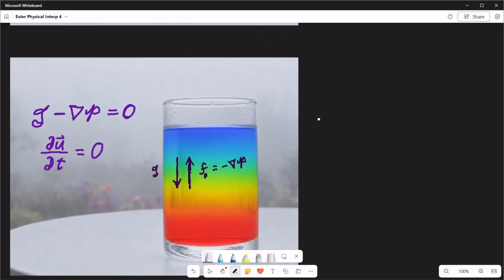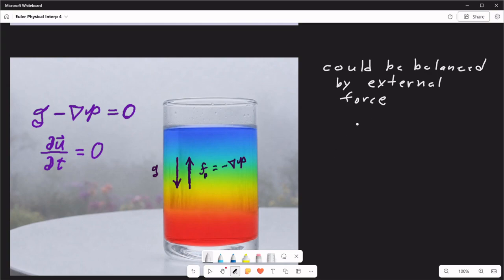It could also be balanced by pressure. Well, that is, it could be balanced by an external force.